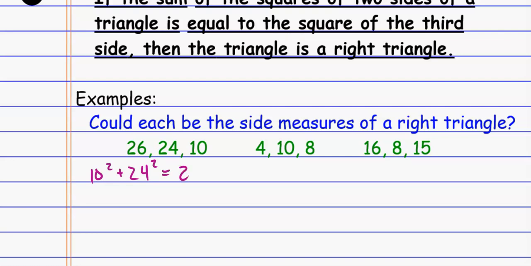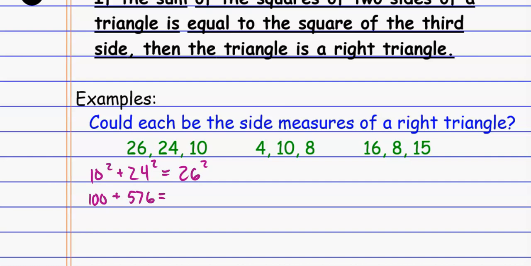But really the key is this. The 26 has to be the thing that's by itself over here. The reason for that is because if this is a right triangle, which we don't know yet, then the hypotenuse has to be the longest side. So I have to test it with the longest side in the position of the hypotenuse. Once again, we simplify this. The 10 squared is 100. 24 squared ends up being 576.